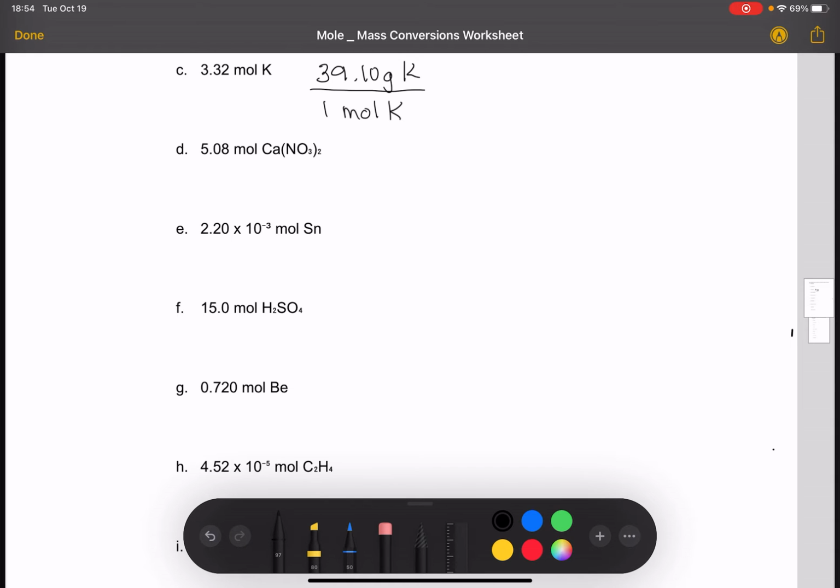All that means is that 1 mole of potassium equals 6.02 times 10 to the 23rd atoms of potassium, and that also equals 39.10 grams of potassium. These are all the same thing. When we have this dividing line, it doesn't mean that we're necessarily dividing, it means per. So 39.10 grams of potassium per 1 mole of potassium.